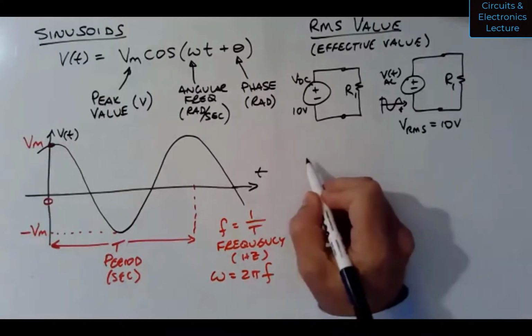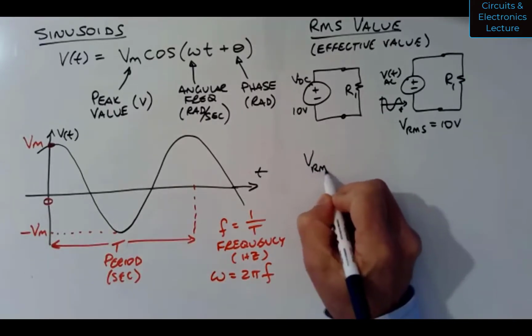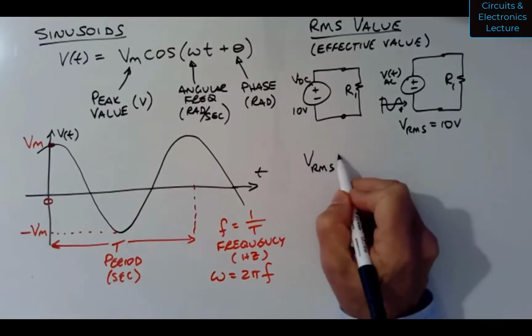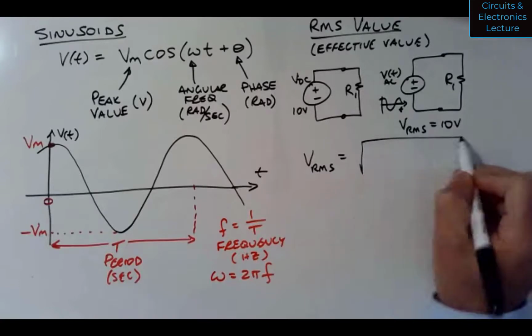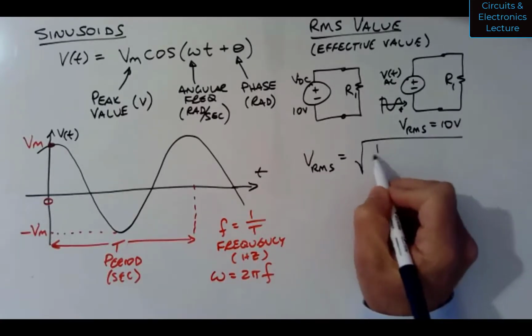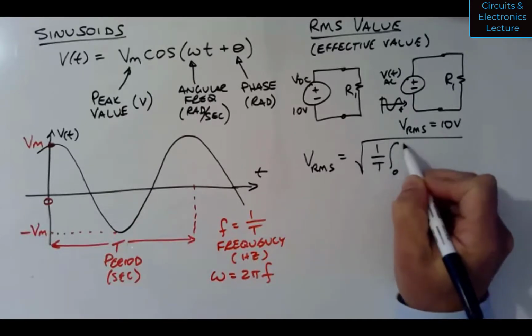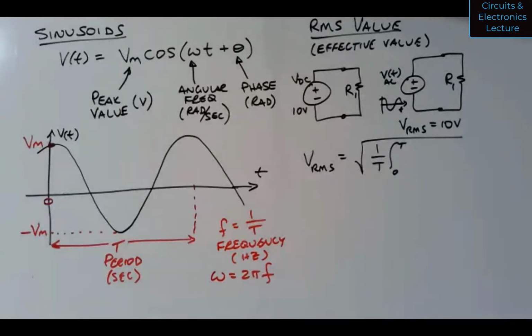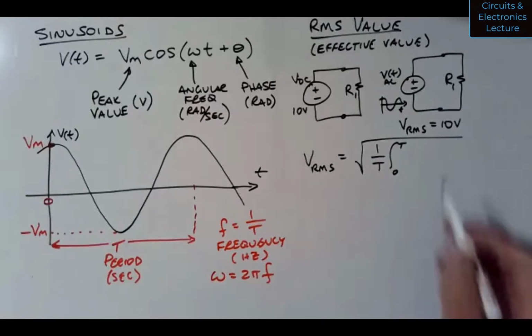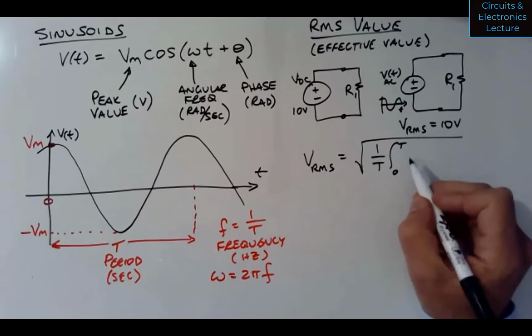As you would expect, the effective value is the RMS value, the root of the mean of the square. So I'm going to take the square root of the mean. To take a mean, you integrate over one period of a periodic waveform and divide by the period itself.